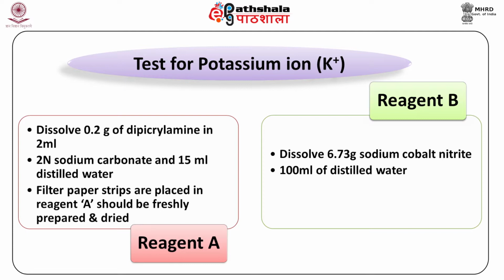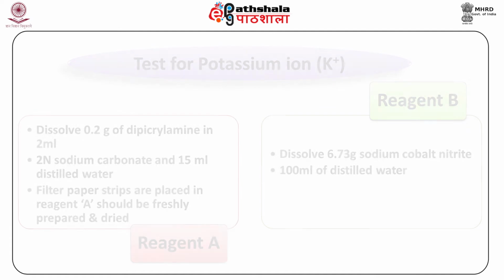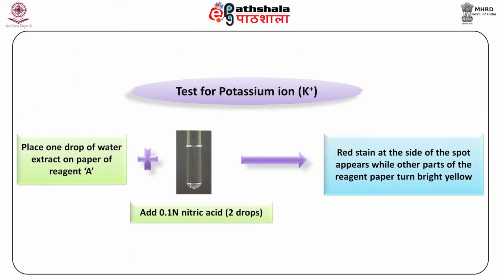Reagent B: it is prepared by dissolving 6.73 grams of sodium cobalt nitrite in 100 milliliters of distilled water. Place 1 drop of water extract on paper of reagent A and then add 2 drops of 0.1 normal nitric acid.